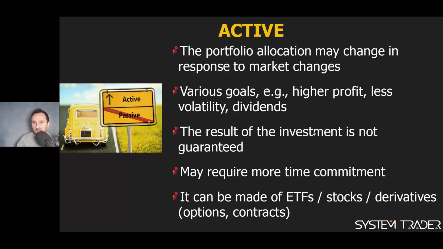And this is tough because if you see that a simple index like, let's say, S&P 500, is beating your strategy for years, then it will be very difficult for most investors to follow such an active strategy. And quite often you have to be prepared for the long, extensive periods where your active strategy will underperform.